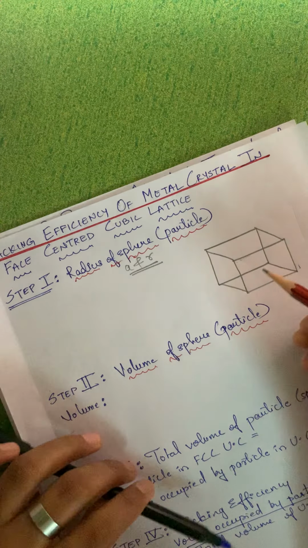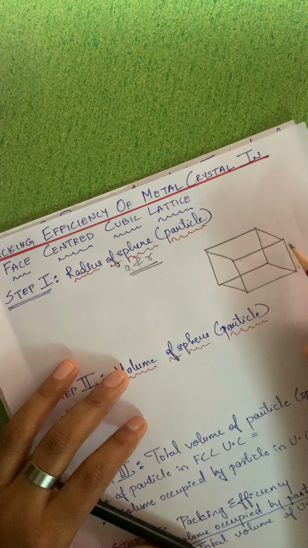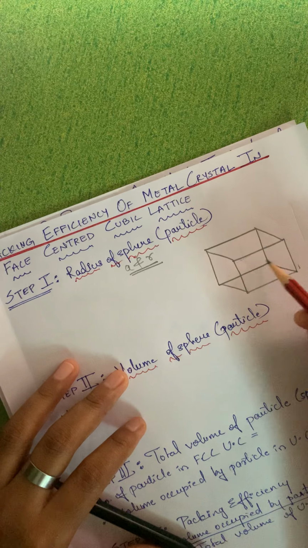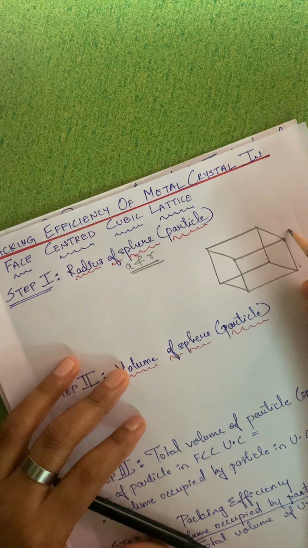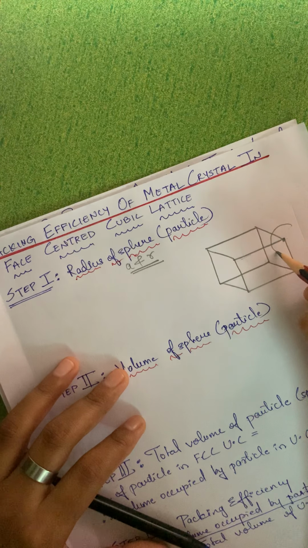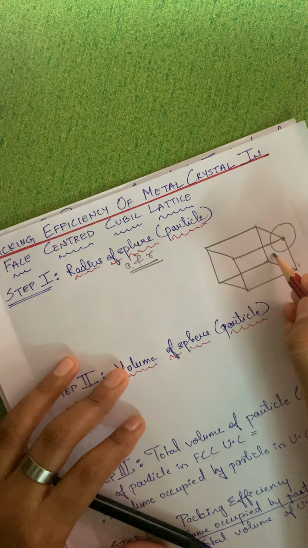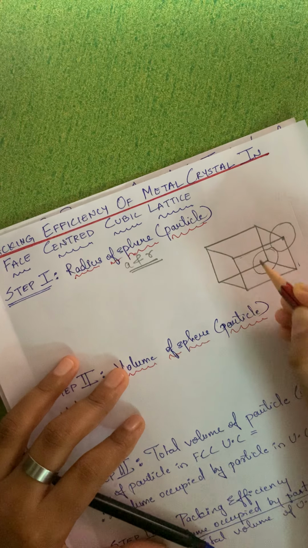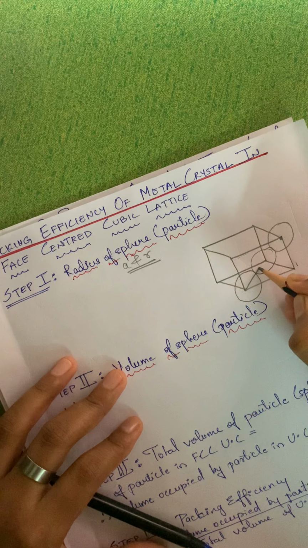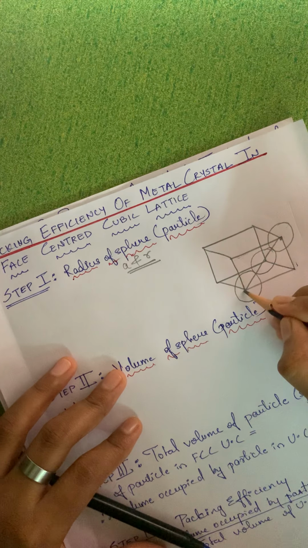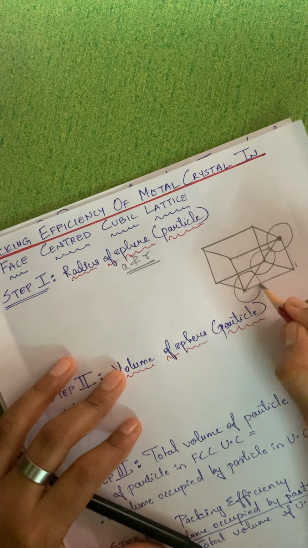You know that particles are there in the corners as well as in each of the faces. So if I draw one sphere over here and one sphere over here and connect these two points, I'll get a right angle triangle.